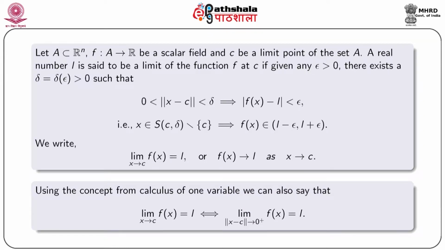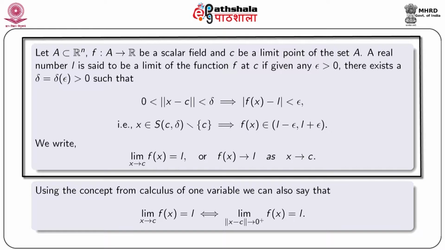Here, we consider A as a subset of Rn. In the earlier case, we considered A as a subset of R. Let f be a map from A to R. So, f is a scalar field. Let c be a limit point of the set A. A real number L is said to be a limit of the function f at the point c if, given any positive epsilon, we can find a positive delta depending on epsilon such that whenever the norm of the vector x minus c is less than delta but positive, we have modulus of f(x) minus L less than epsilon.